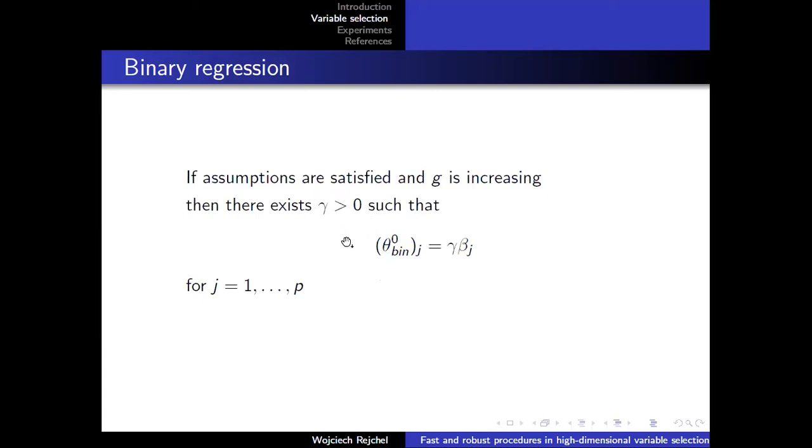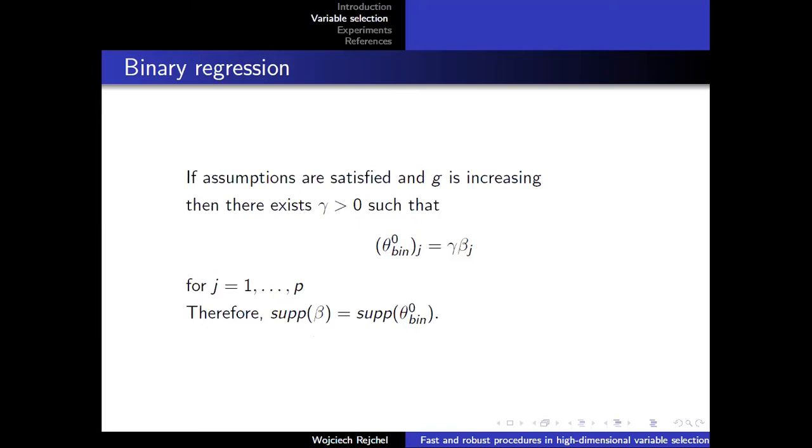So in particular, it means that the support of beta, which is the set of non-zero coordinates of beta, is exactly the same as the support of the vector I estimate. So if I am able to find which coordinates of this parameter are non-zero, then I am able to find relevant predictors in my model.